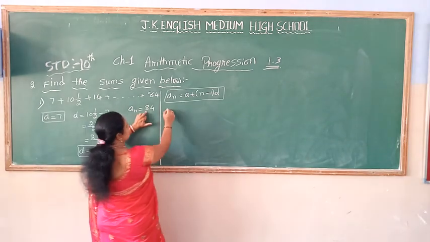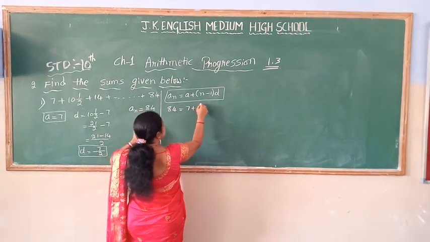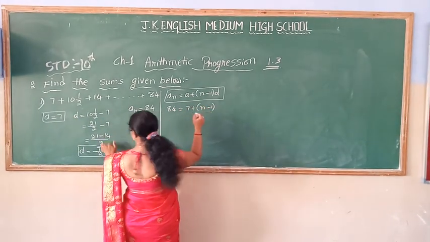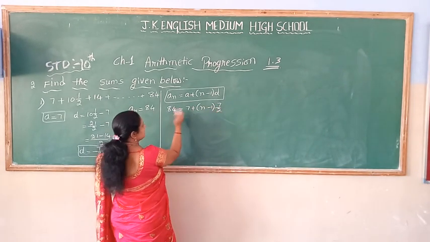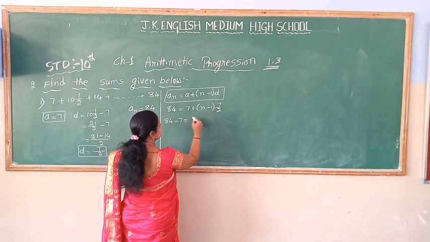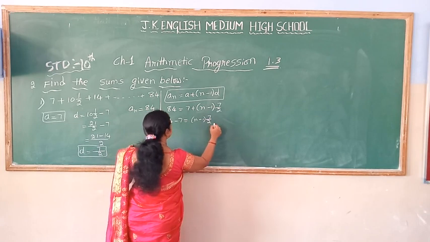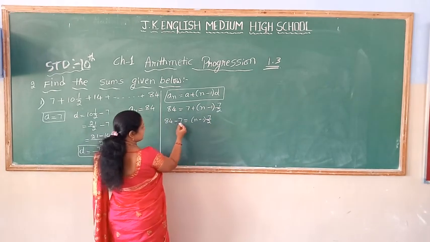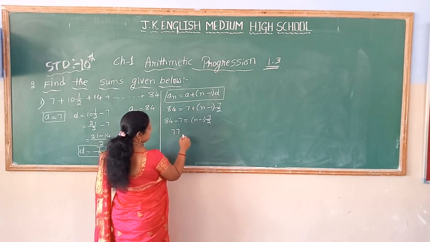So an value is 84, a value is 7, n value I have to find out, and d value is 7 by 2. Now simplify. 7 you take to this side, then n minus 1 into 7 by 2. From 84 you subtract 7. So 84 minus 7 is 77.